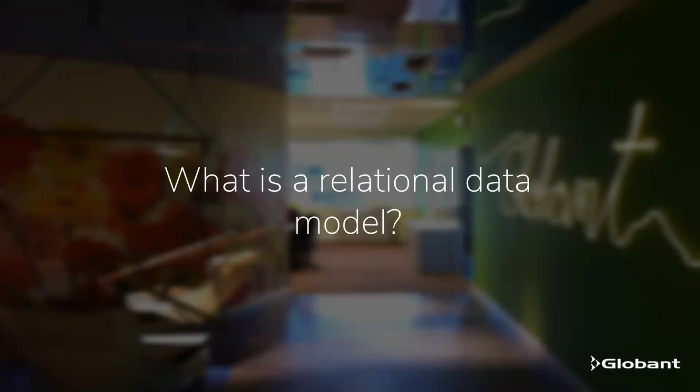So now that we have talked about a data model, we would like to go deeper and talk a bit more about the relational data model. In the past lecture, we talked about database management systems.